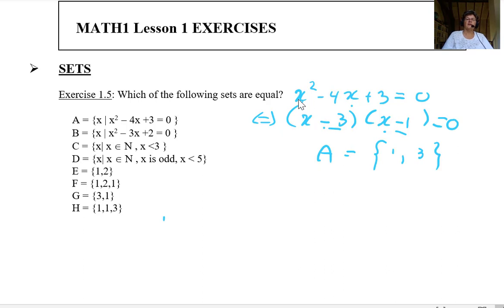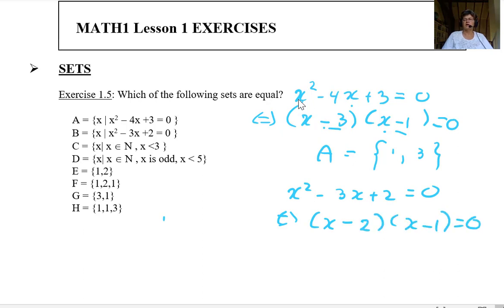Then set B, we have x squared minus 3x plus 2 being 0. So that means we have (x minus 2) times (x minus 1) being 0. So that will give us set B being 1 and 2.